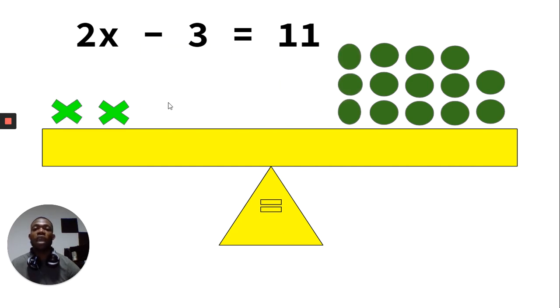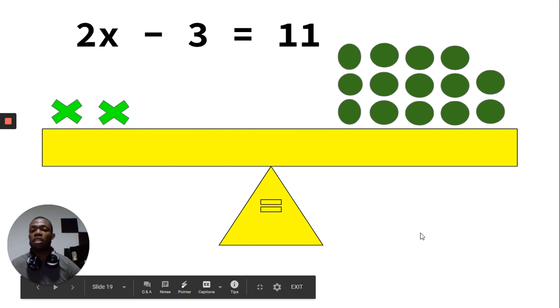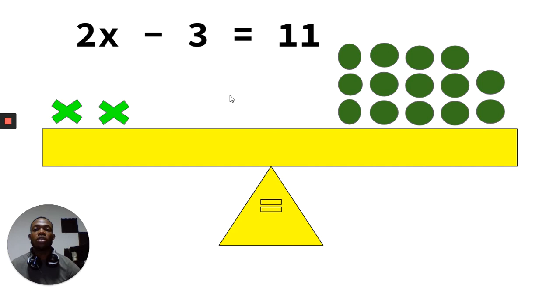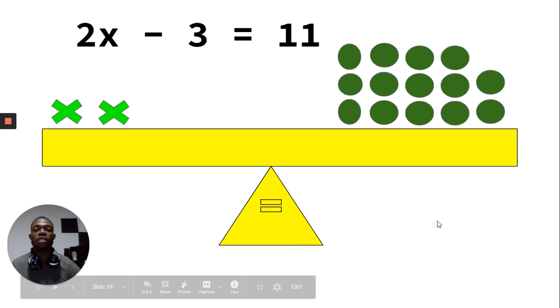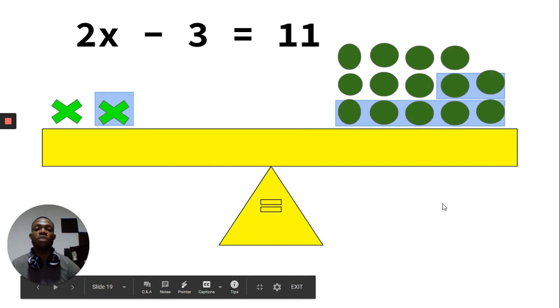It changes from a -3 to a +3. Now, what we have is +14 equal to 2x's. Now, to get the value of 1x, that would simply be to share these 14 positives equally among my 2x's, hence the value of x would be 7.